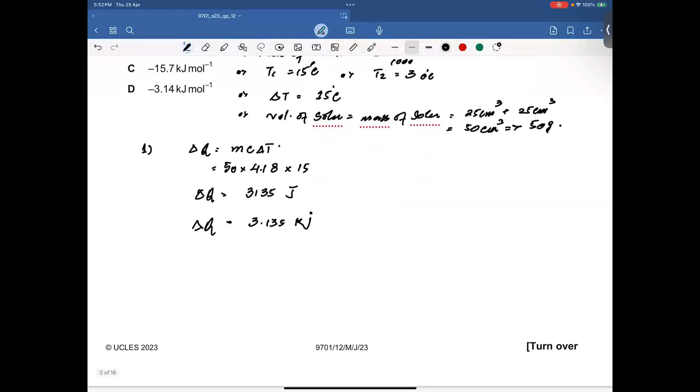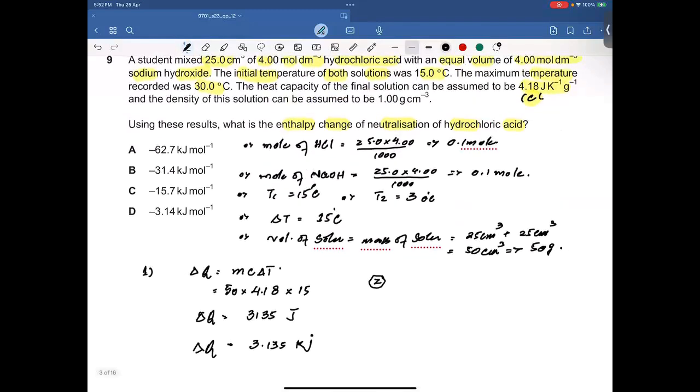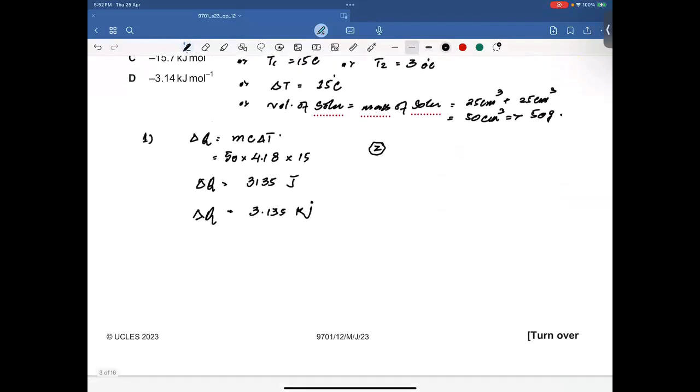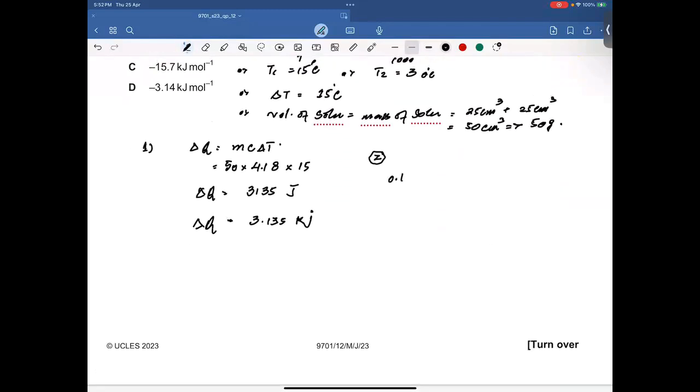Second step is moles of HCl and NaOH both are same, which means I can take any value. Examiner is talking about the enthalpy change of neutralization of HCl. So HCl has 0.1 mole. So if you have 0.1 mole of HCl, it gives you 3.135 kilojoules energy.